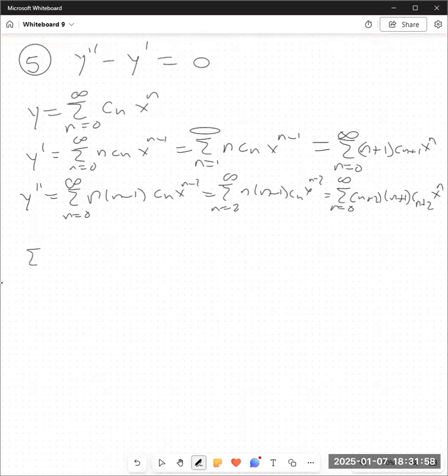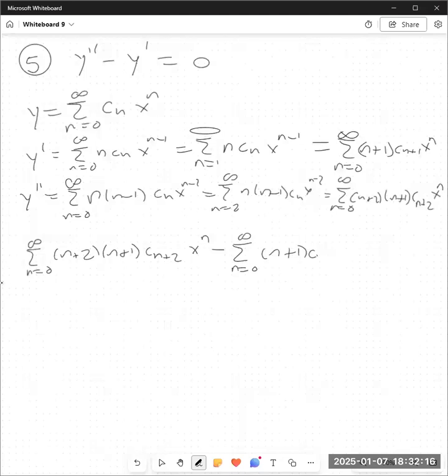So the sum n equals 0 to infinity of n plus 2, n plus 1, cn plus 2, x to the n minus the sum n equals 0 to infinity of n plus 1, cn plus 1, x to the n equals 0.